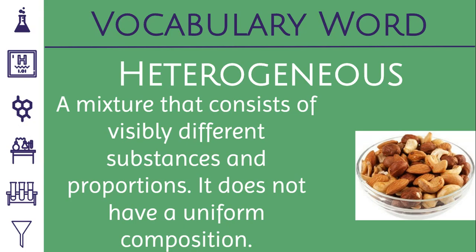I suppose if we think of orange juice with pulp, that would be heterogeneous because the pulp in the orange juice is not the same throughout. It's kind of like a different proportion throughout as well. But I think the best example that we have would be the trail mix. It's composed of those different pieces. They aren't mixed together in any way other than just being kind of close to one another in a contained space.